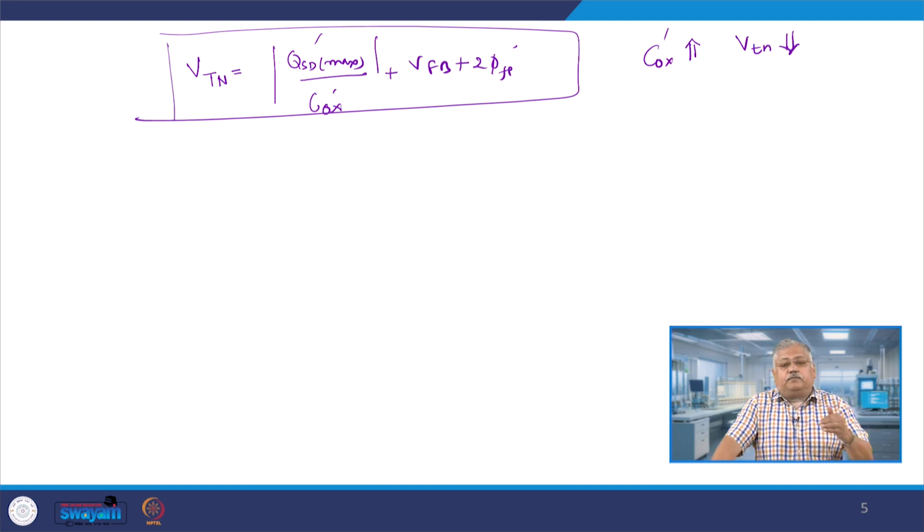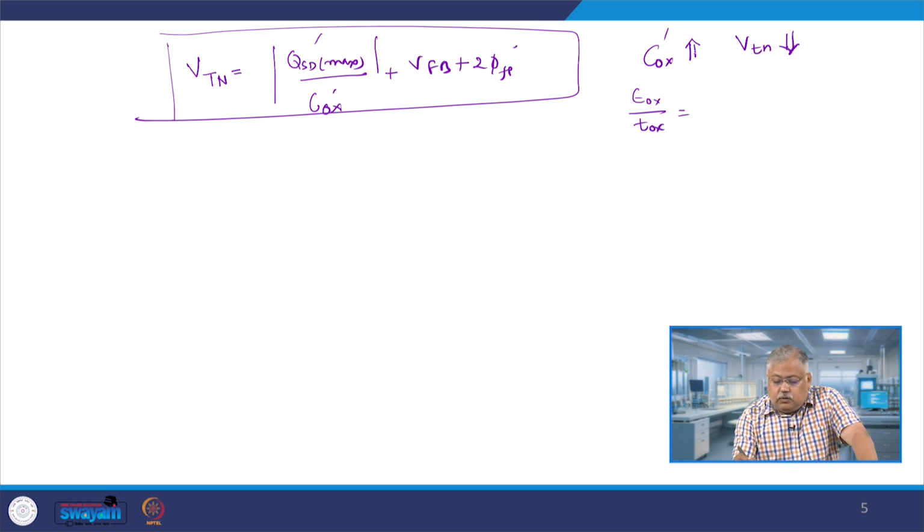Because if COX prime goes high, you store a larger amount of charge for the same gate voltage. So I need to give a lesser gate voltage to invert. You got the idea. Let us correlate this with the physical parameter: COX prime is epsilon ox by T ox.